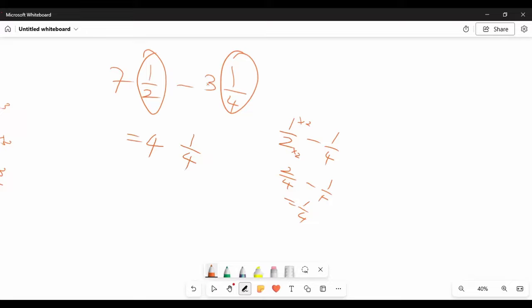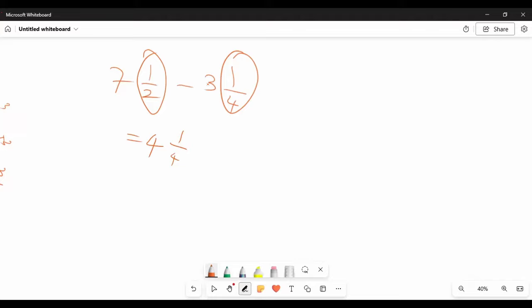You got it? If you know something, don't always stick to the same thing, you guys. Try to learn something new all the time. Did that make sense? So if you get a question like this, now you know to get the answer directly. Half minus quarter gives you another quarter. So it's going to be 4 wholes and 1 over 4. That's it.